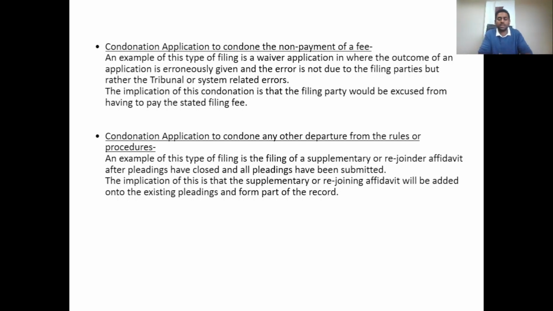A rejoinder is an example we've had recently where after the reply was dealt with, the party decided that they actually want an opportunity to answer that reply. In that instance, they filed a rejoinder affidavit. Again, these affidavits do not become part of the record at the time of filing. They become part of the record only in the event that the condonation is granted by our tribunal.